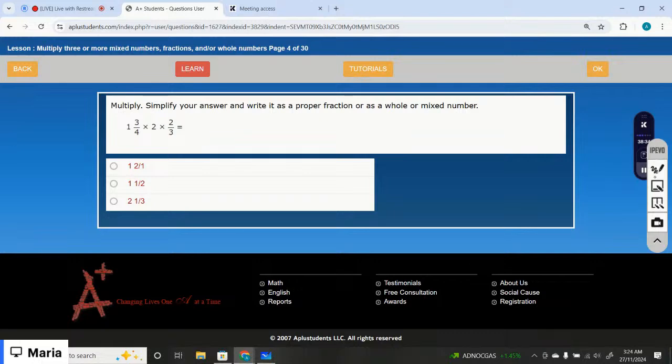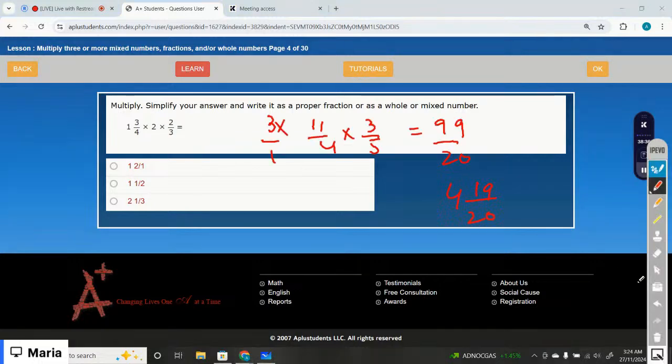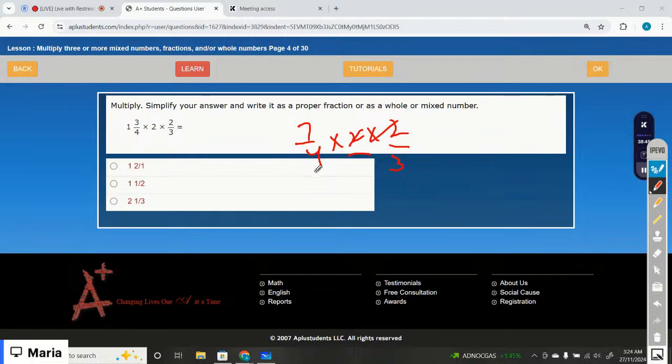4 times 1 is 4 and 7 over 4 times 2 over 3, right? 2 times 2 is 4 and 4 cancel out. You are left with 7 over 3. So the correct option is 2 whole 1 over 3. Option number 3 is the correct option.